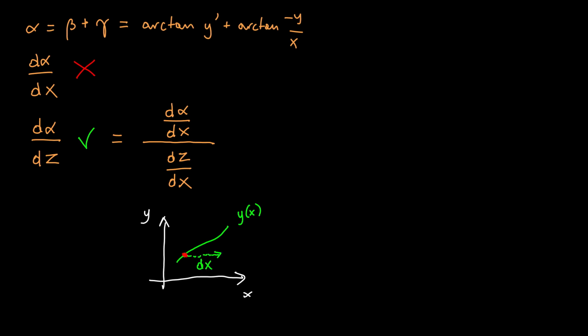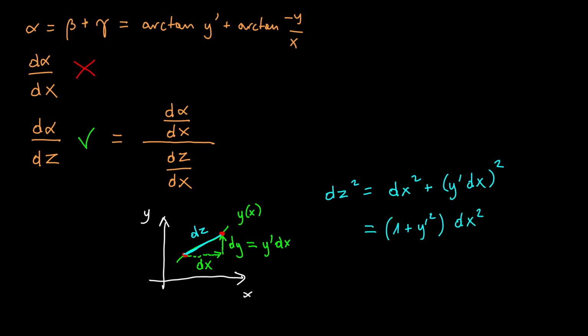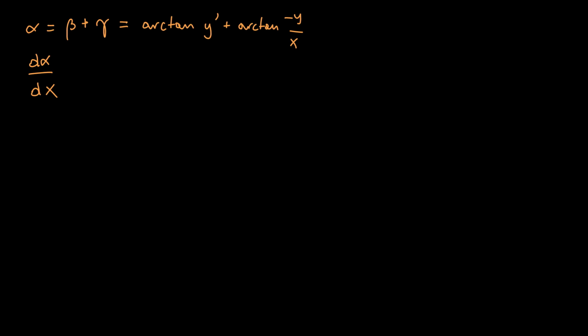If we move by dx along the x-axis, we have to move by dy in the y-axis to stay on the surface, with dy equal to derivative of y times dx. So dz squared is equal to this. Thus dz over dx can be expressed like this. We can also calculate d alpha over dx, and it's equal to this expression.